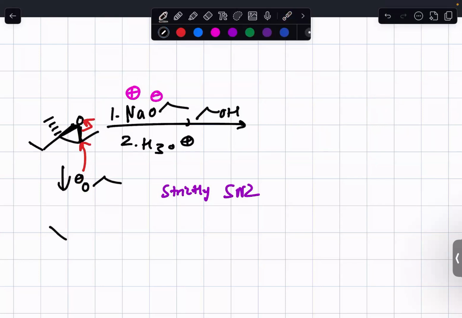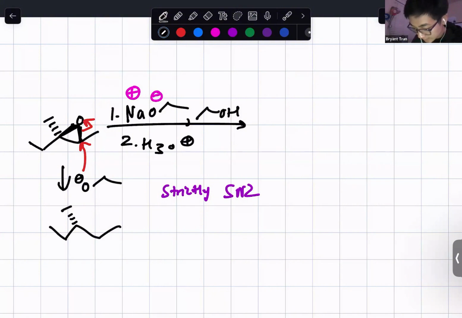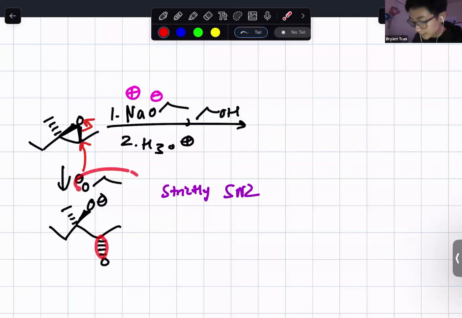So this methyl here stays as a dash. This oxygen of the epoxide is now negatively charged because it gains a pair of electrons from the bond being broken. And this wedge bond stays as a wedge because nothing touches that carbon. But the new bond between that carbon and oxygen is a dash because it came from a backside attack.